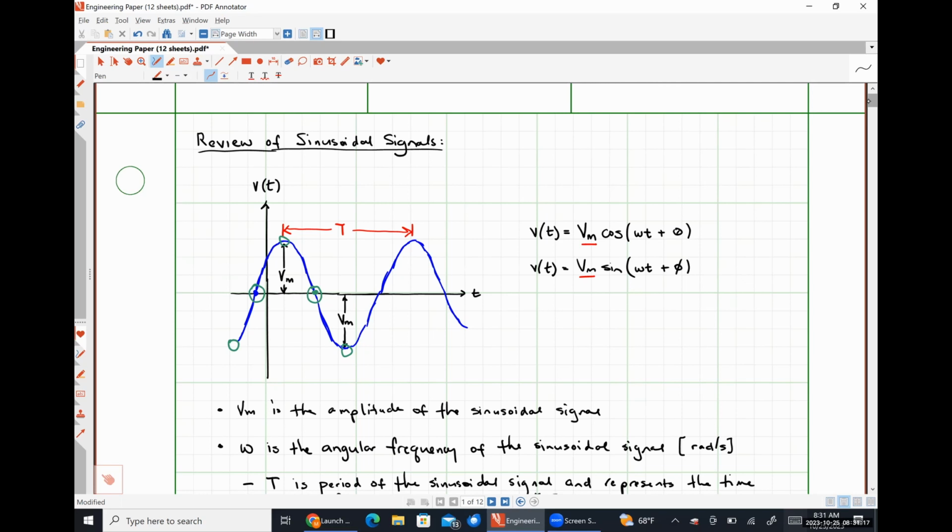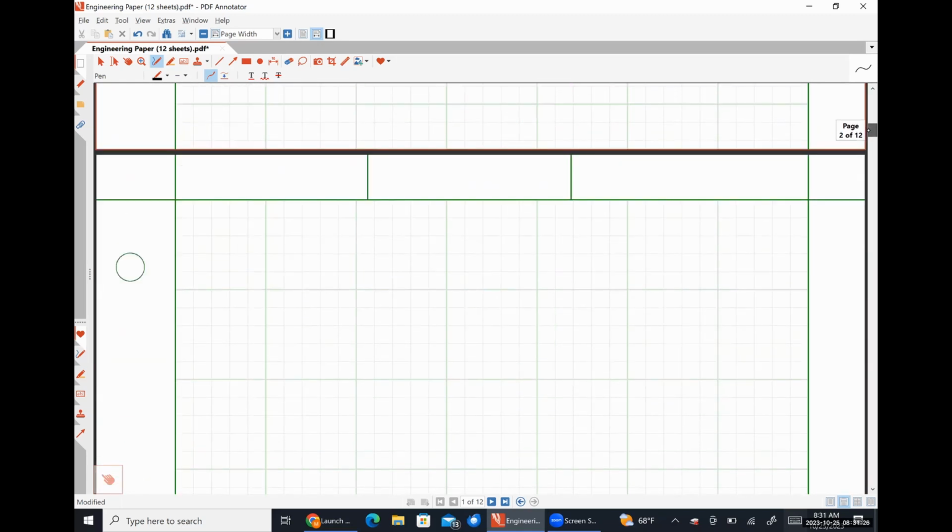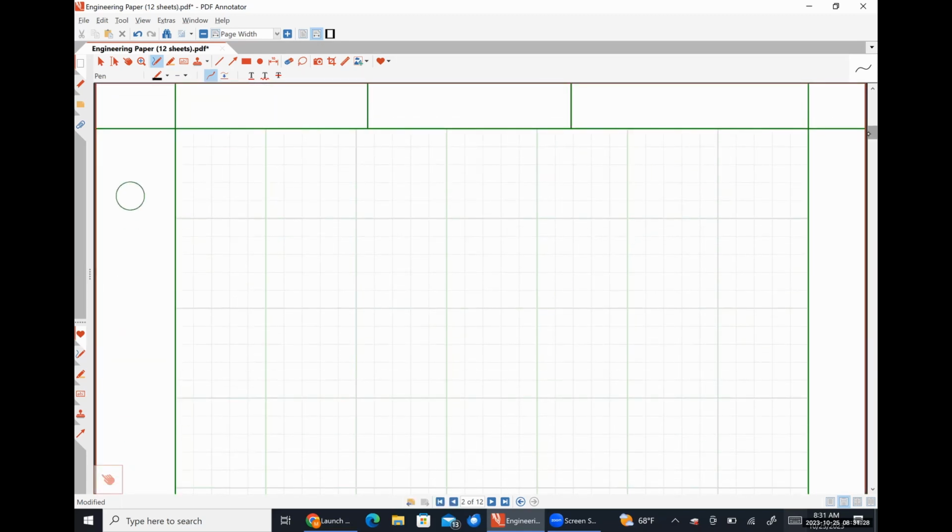Okay, so what I want to do now is introduce some trig identities. So we have the basics down here. I'm going to scroll to this page. I want to clarify something here.